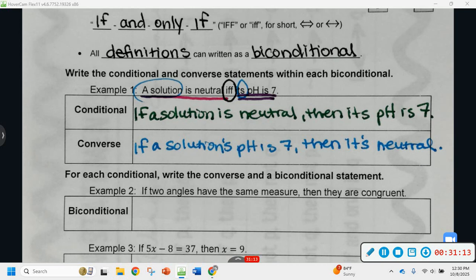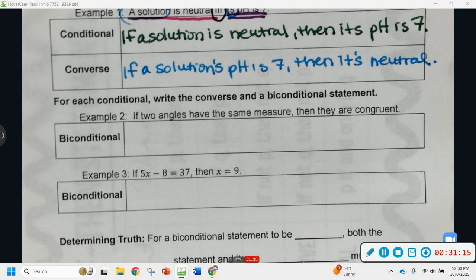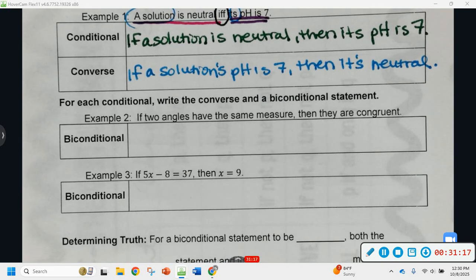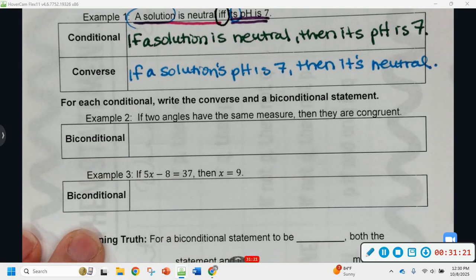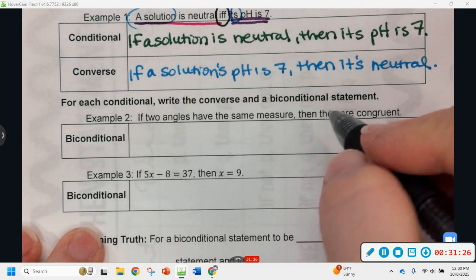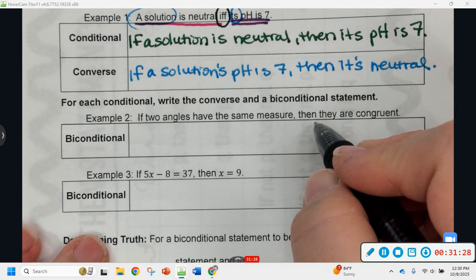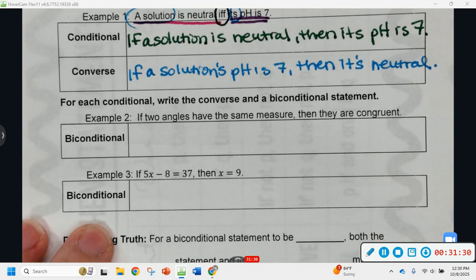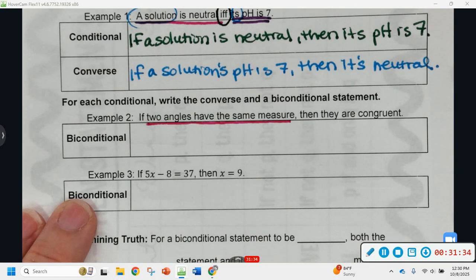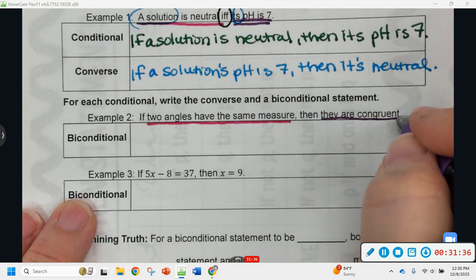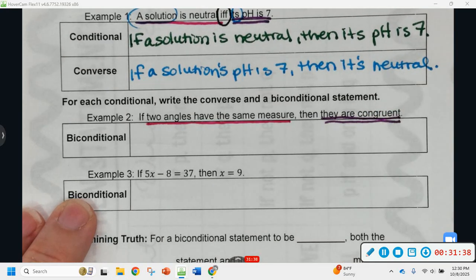Okay. So this next one, if two angles have the same measure, then they are congruent. We want to put that as a biconditional. So instead of the word if and then, we're completely removing them, and we start with hypothesis, if and only if, conclusion.